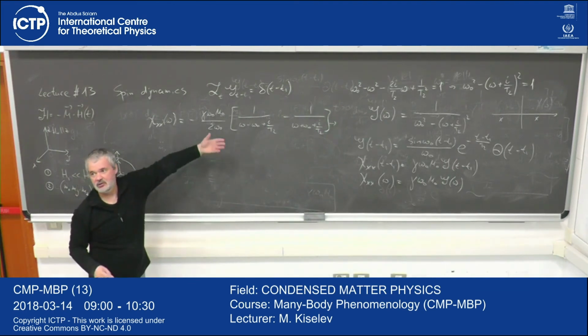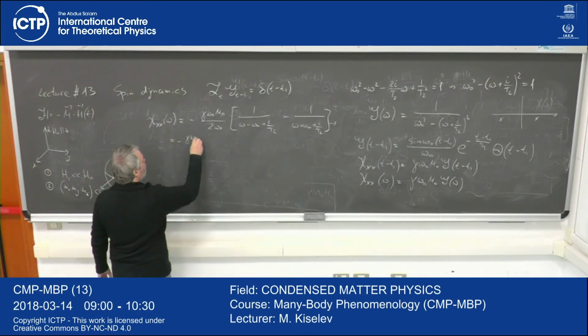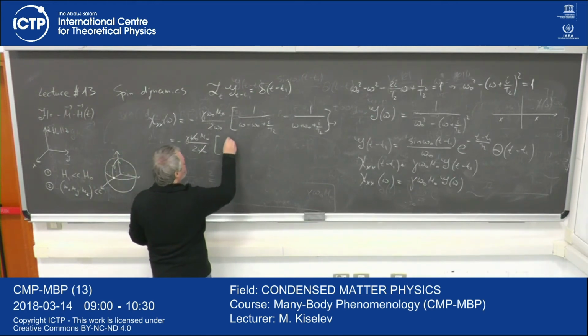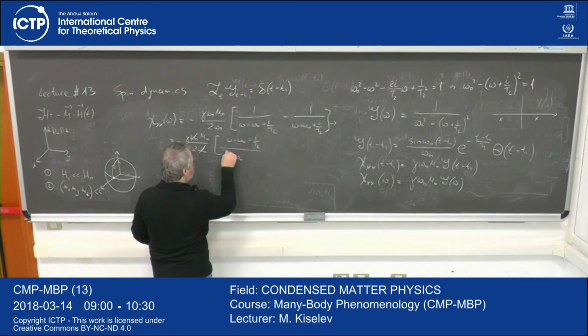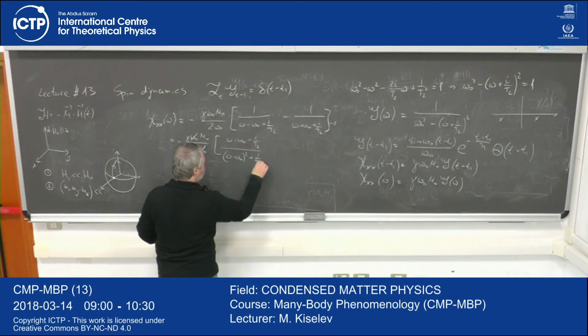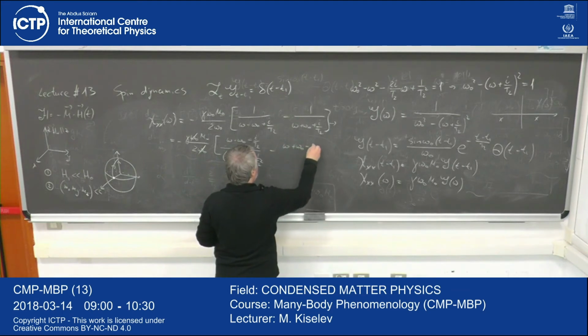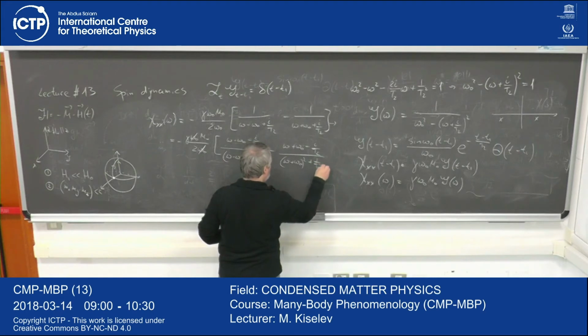Therefore, I will multiply numerator and denominator by the complex conjugate. So this is minus gamma omega node m node divided by 2 omega node. In principle, I can cancel out omega node. What I have here is omega minus omega node minus I over t2 divided by (omega minus omega node) square plus 1 over t2 square, minus omega plus omega node minus I over t2 divided by (omega plus omega node) square plus 1 over t2 square.